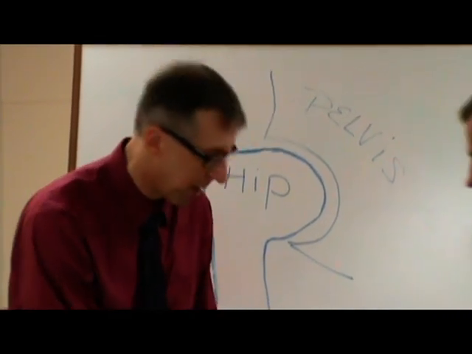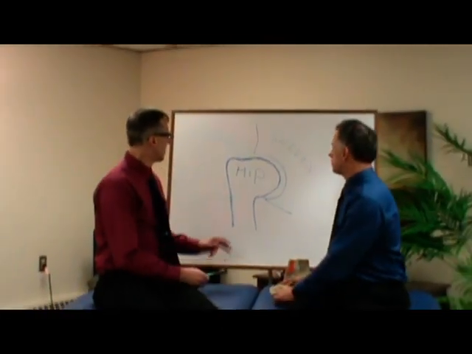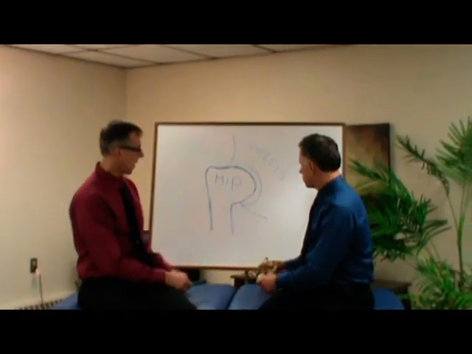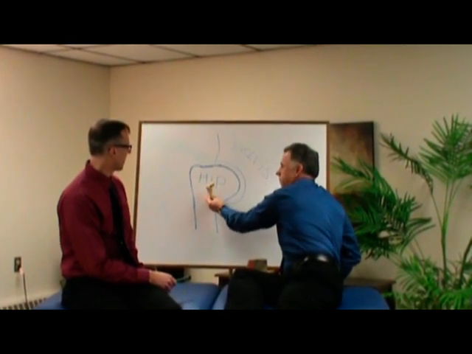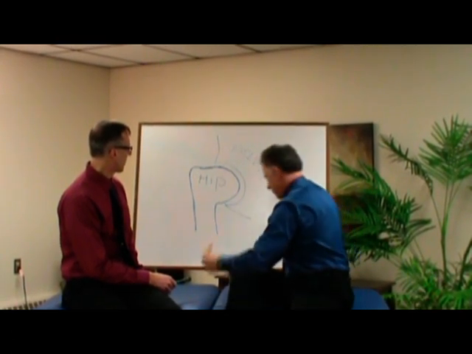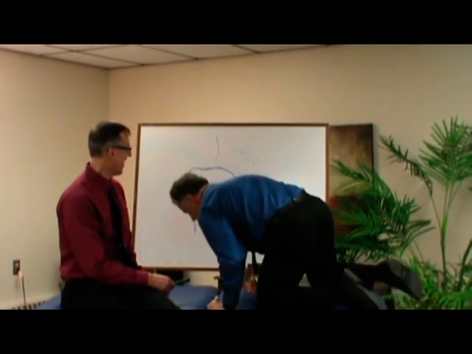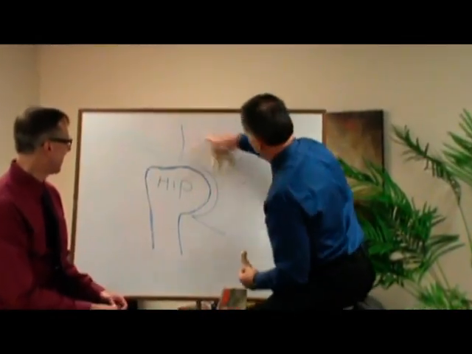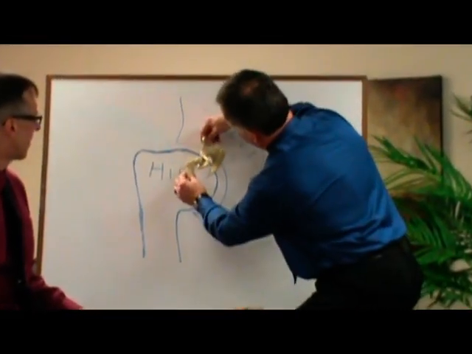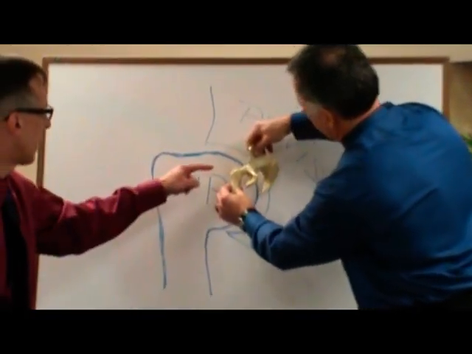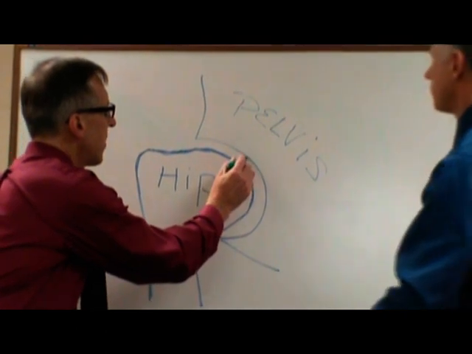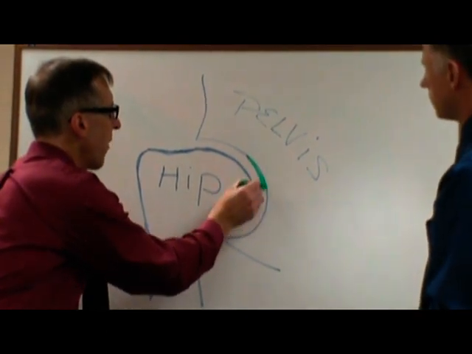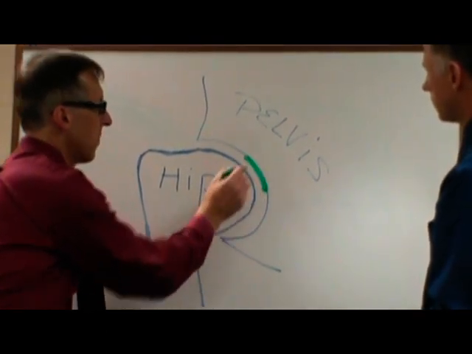Let's look at this model. This is the hip and the femur with the head of the femur, and this represents the pelvis. Again, a ball and a socket. If you're not moving the hip much because of pain, you might just be wearing out a small surface here.